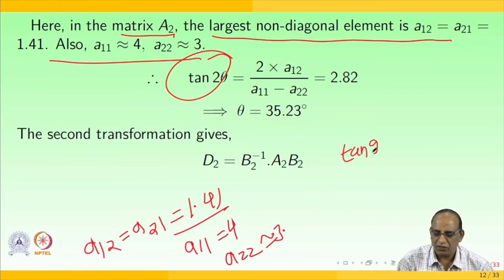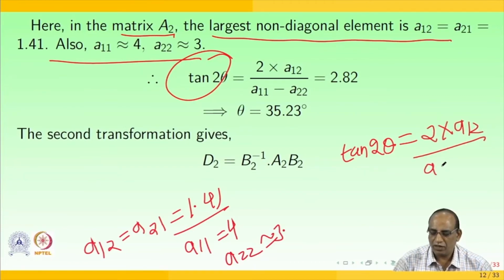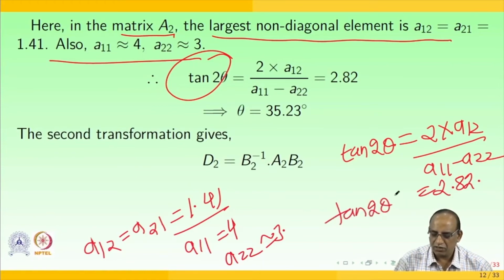So tan of 2 theta is nothing but 2 into A12 upon A11 minus A22, which turns out to be 2.82 as calculated. So that is tan of 2 theta, which implies theta will be equivalent to this value, 35.23 degrees.